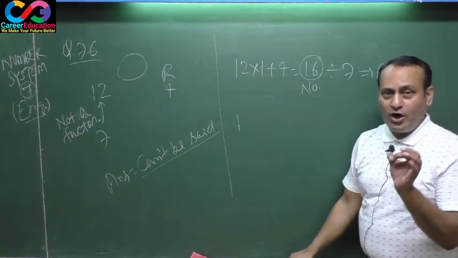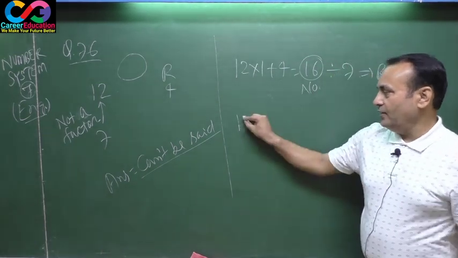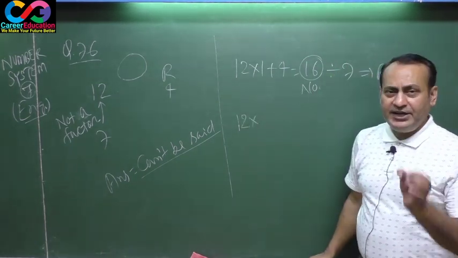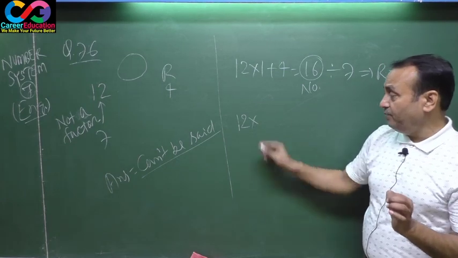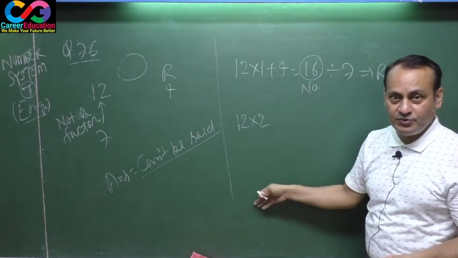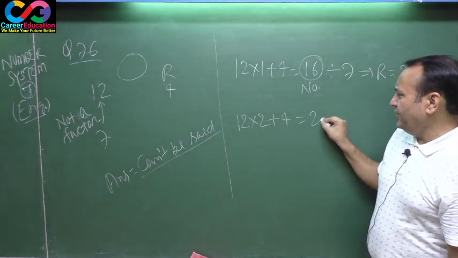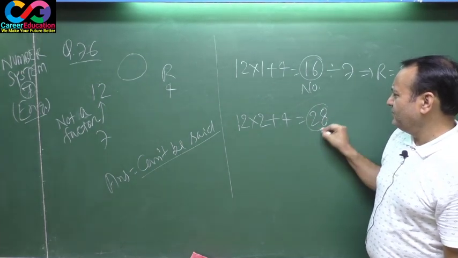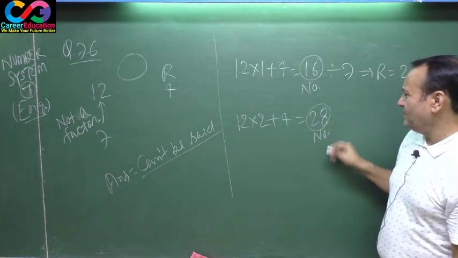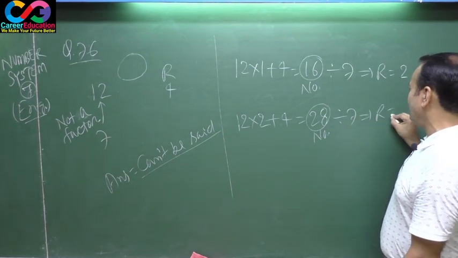Thus you thought the answer is coming to you, but see here, when a number is divided by 12 the quotient may be 2 in place of 1, 12 times 2 plus 4 is 28. This is your number, and if this is divided by 7 the remainder is 0.